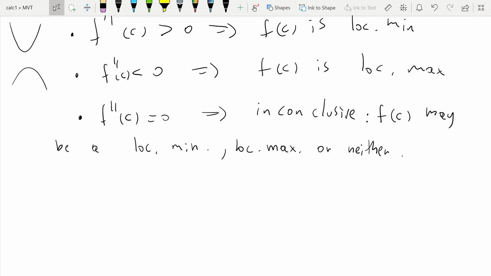For x to the fourth, x equals 0 is a critical point, and the second derivative is 0, and that's a local min. For x cubed, on the other hand, x equals 0 is a critical point and a point of inflection, and we saw that example in the last video. It corresponds to neither a local max nor a local min. We'll continue in the next video then.